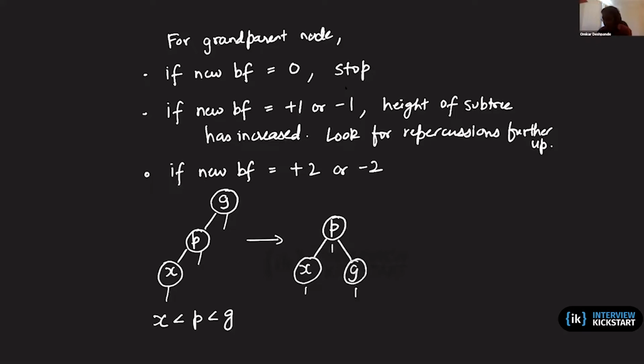So we can think of transforming the left diagram here into the right diagram by doing what is known as a rotation. So we move P up and G down.